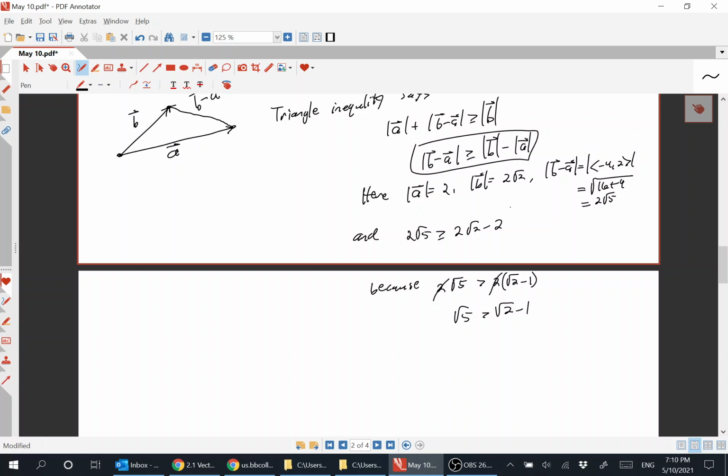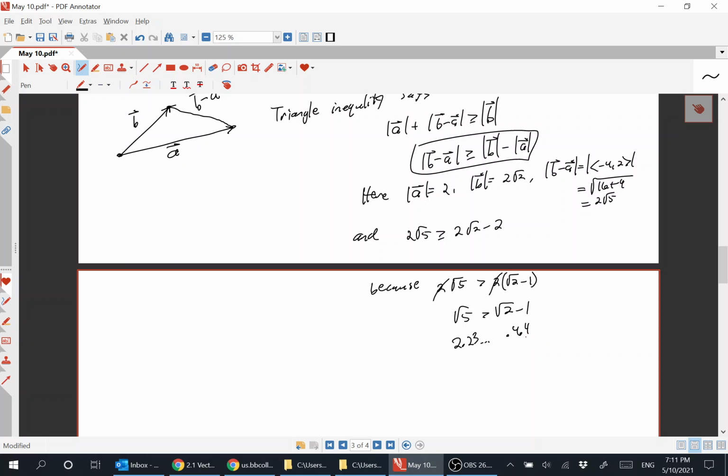Right, so I forget what the square root of 5 is. Let me get my calculator out. So 2.23. And square root of 2 minus 1, 0.414.